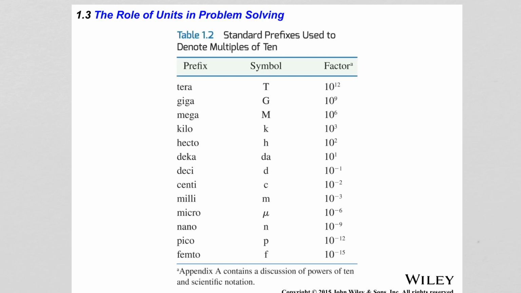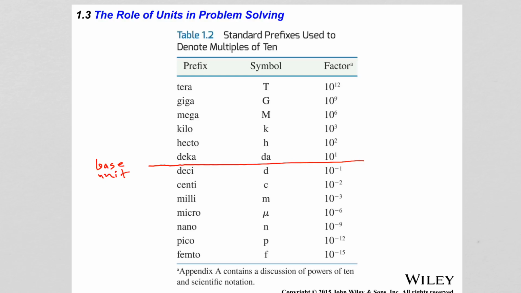So here, not specifically mentioned, and I will add it, is the base unit right here. So again, this can be meters, it can be grams, it can be kilograms, it can be liters, it can be newtons, anything. It doesn't matter what it is.